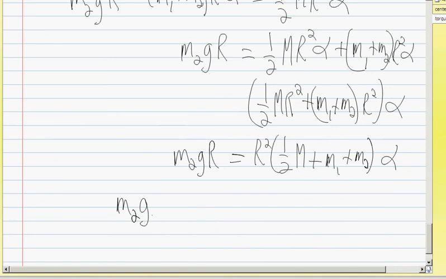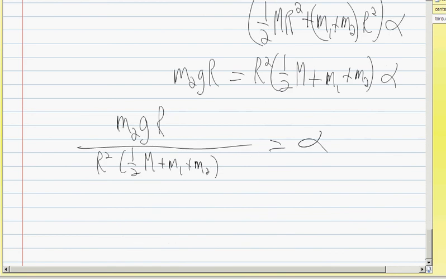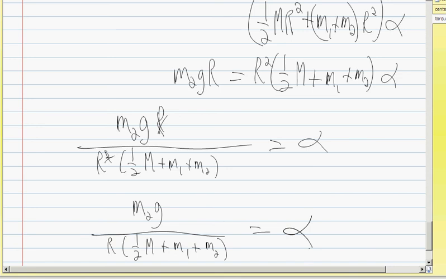And then we're going to divide this over. So it'll be M2GR over R squared times 1/2 M plus M1 plus M2 equals alpha. Let's clean this up a little. So we have M2G over R times 1/2 M plus M1 plus M2 all equals alpha.